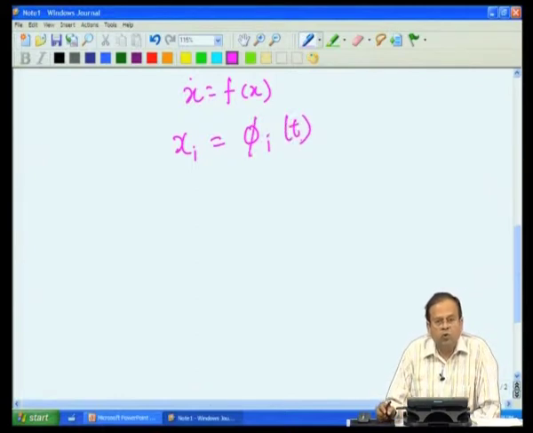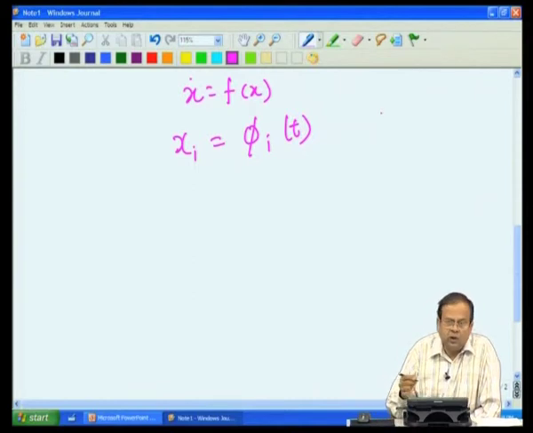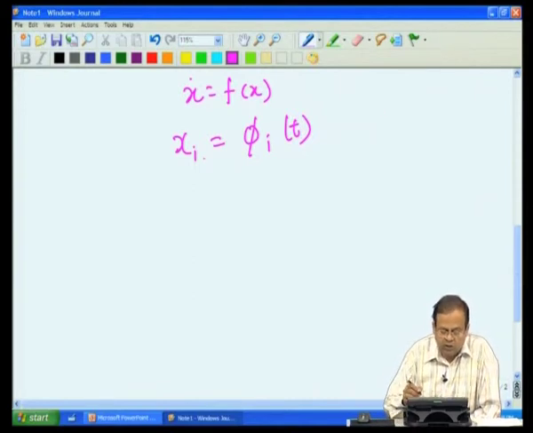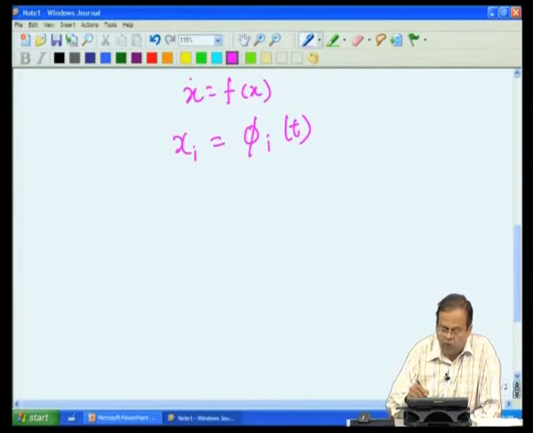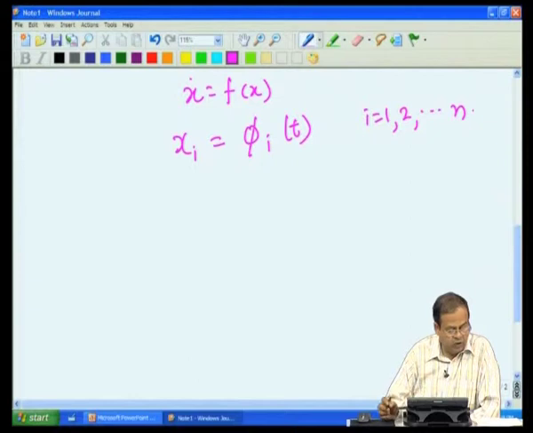We do not know what this solution is, but let us say that the solution is represented as some function phi i of t, where i is 1 up to n, our n dimensional space.